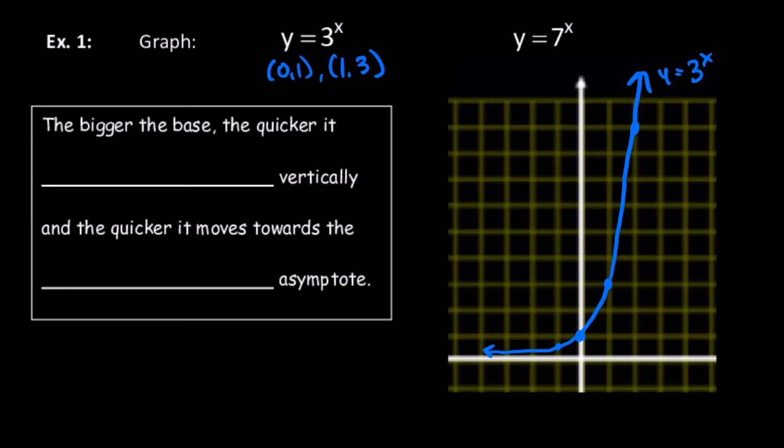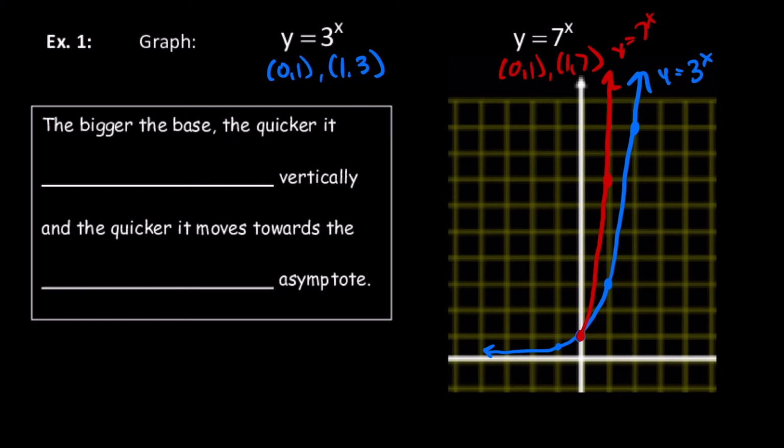How about y equals 7 to the x? The key points would be (0, 1) and (1, 7). So it also goes through this point, but then it'd be (1, 7), here. So I think it's obvious on this side of the y-axis that the graph is steeper. But here's what's interesting. Think about 7 to the negative 1 is 1/7.